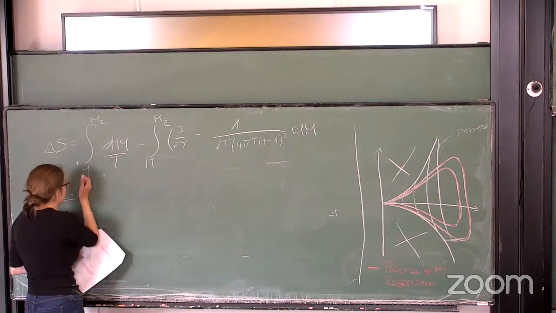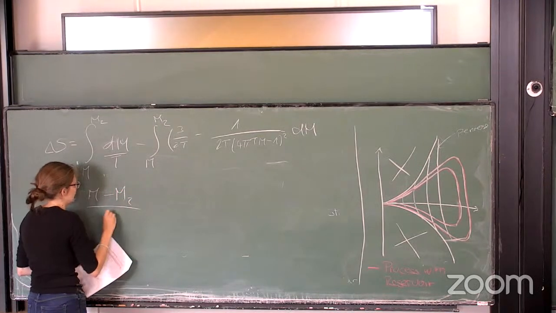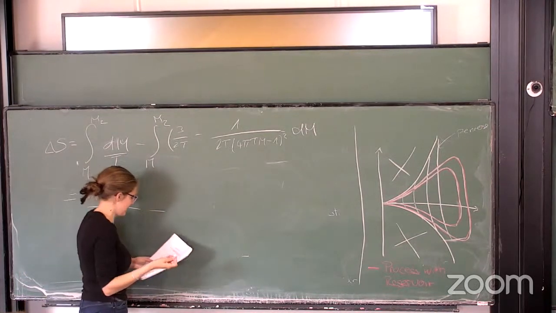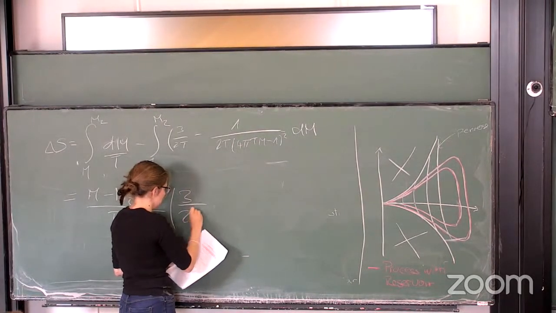you find that this is just given by M minus M2. It's a bit more complicated, but also hard.